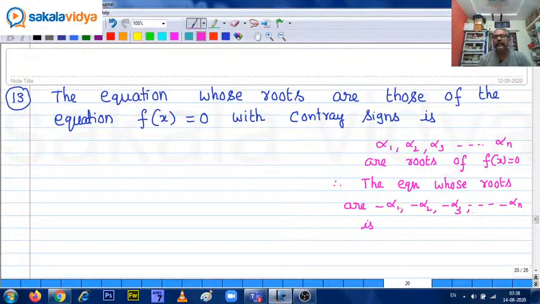That means we need to find a polynomial equation whose roots are the same as the given equation but with opposite sign. That is called contrary signs. Contrary signs means signs will be different.